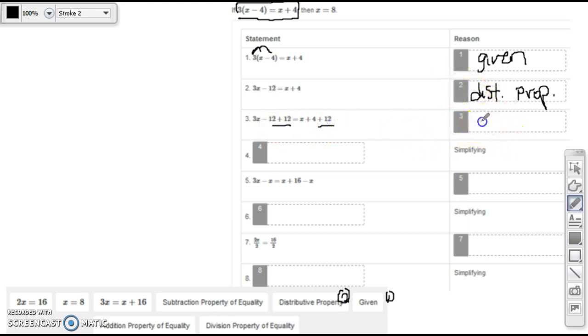That's going to be that addition property of equality. Hopefully you can understand my abbreviations. And then they want you to simplify. So we would just simplify this. The -12 and the +12 would cancel, and it would leave us with this. So that would be the next one.